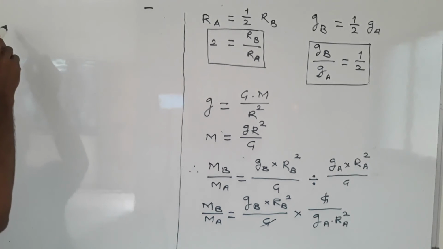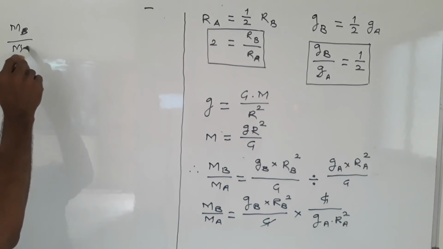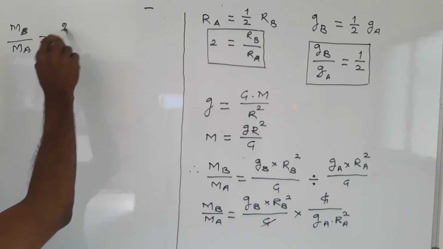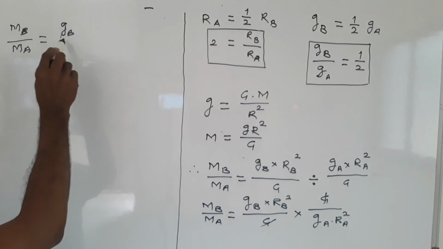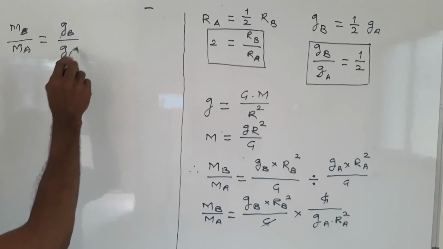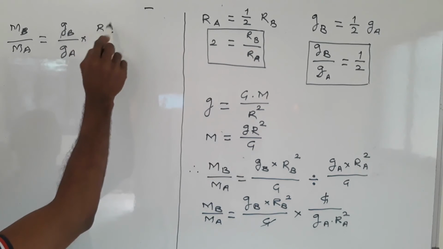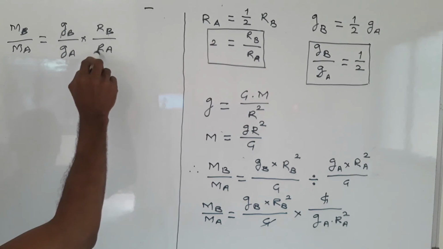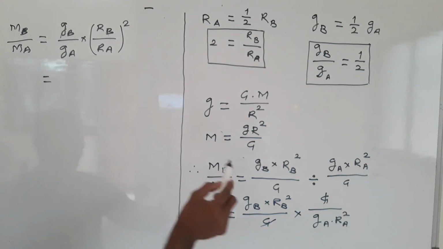Now here mb upon ma is equal to gb upon ga into rb upon ra, and whole bracket square.